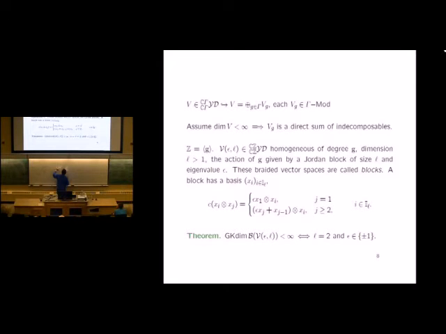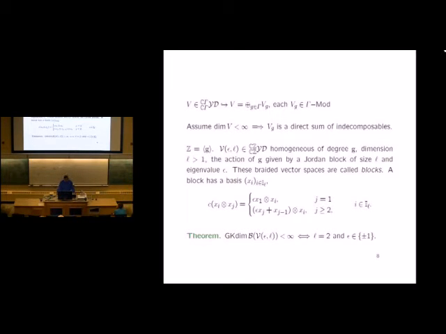L is the dimension and epsilon is the eigenvalue of the block. And if you want the explicit shape of the braiding, it's like this, as I have in the slide. It has a basis indexed.